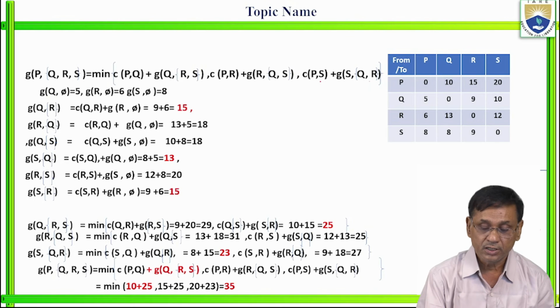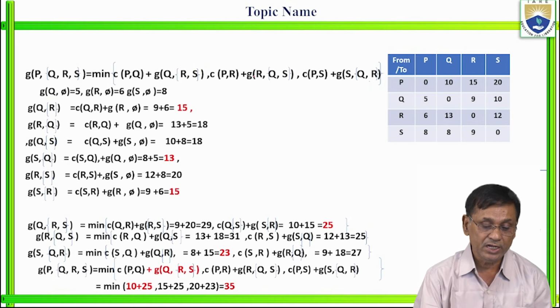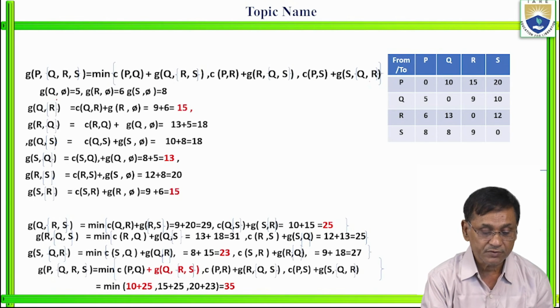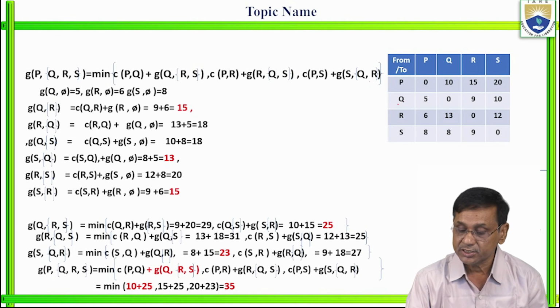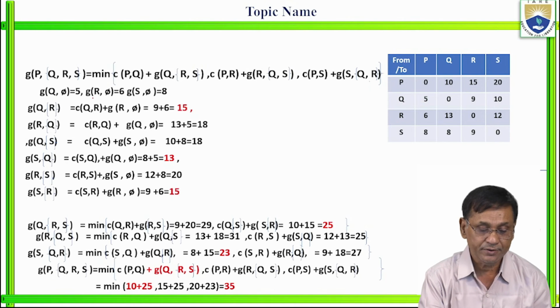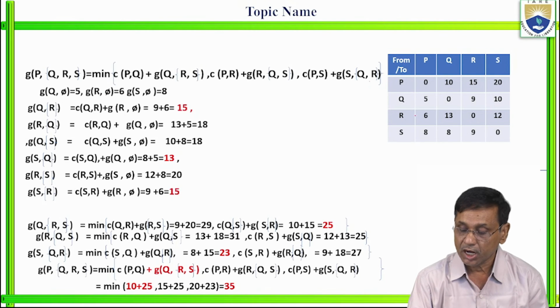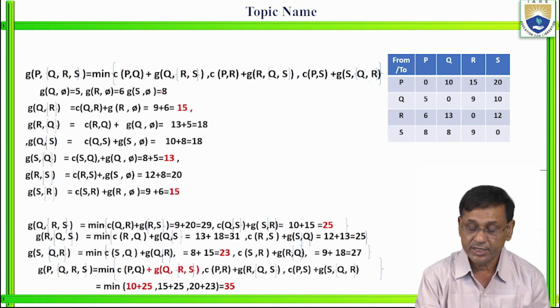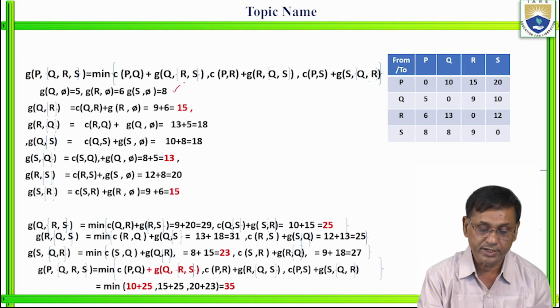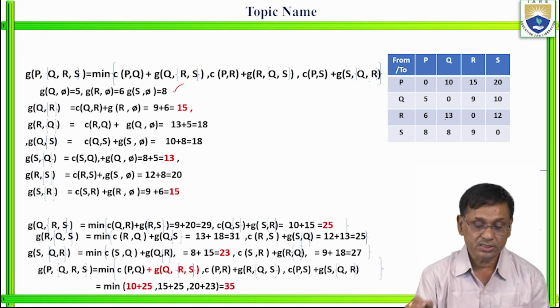Now you can find out the values. So the cost of going from Q to P is equal to 5. Cost of going from R to P is equal to 6. S to P is equal to 8. So these are the costs we have taken from the table.